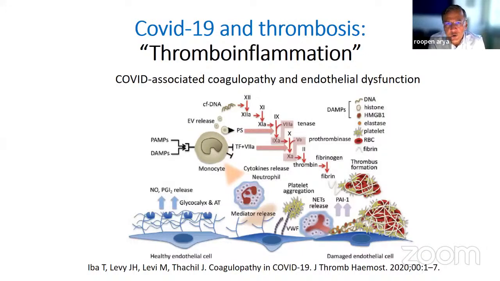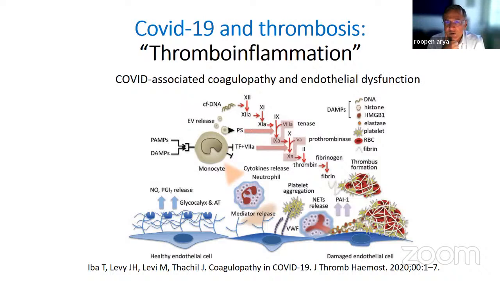So the activation of the host defense leads to inflammation and subsequent activation of the coagulation as well as endothelial injury. We know the receptor for viral adhesion is the ACE2 receptor in the epithelial and endothelial cells. And so several pathways are involved, the contact and complement pathways, there's endothelial injury, and then the neutrophil extracellular traps, the NETosis.